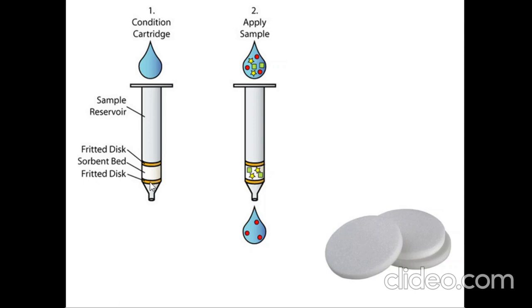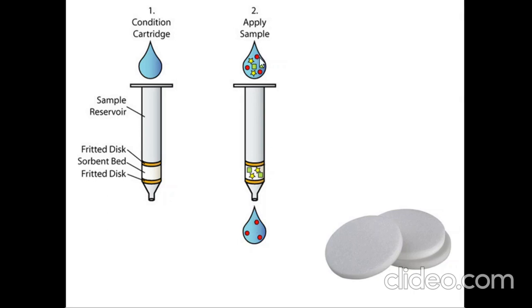And if there is any other material which needs to be removed, we have a fritted disc at the bottom. So you add the mixture of sample, it passes through the fritted disc, through the sorbent, and you can isolate the analyte. This is a generic approach of solid phase extraction.